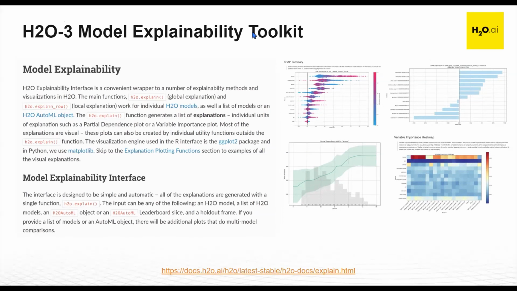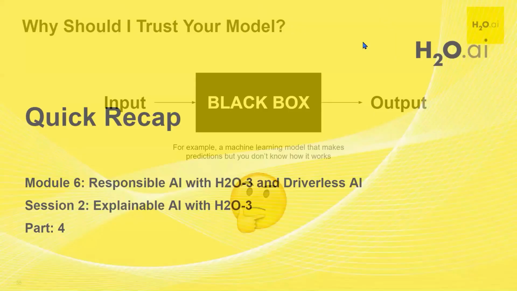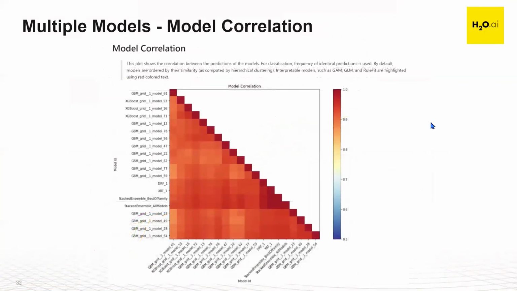There's a question about which correlation part. You said high correlation between models is not good. Yep, okay, let me go back to that. This is the graph here. Imagine you have a graph full of red squares, for example, they all have more than 0.8 or 0.85 correlation with each other. That means your final ensemble is not diverse enough in terms of the choice of models.